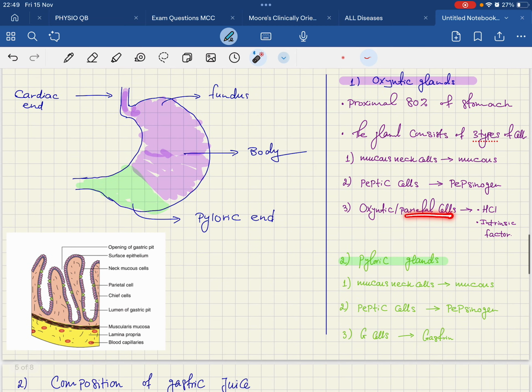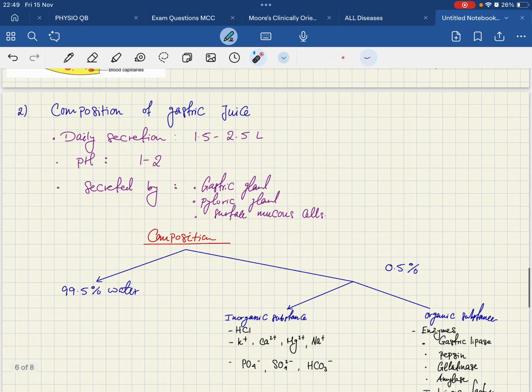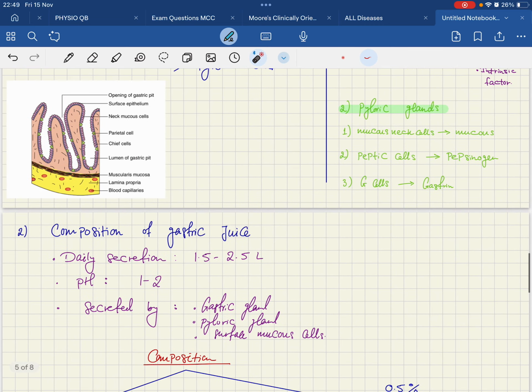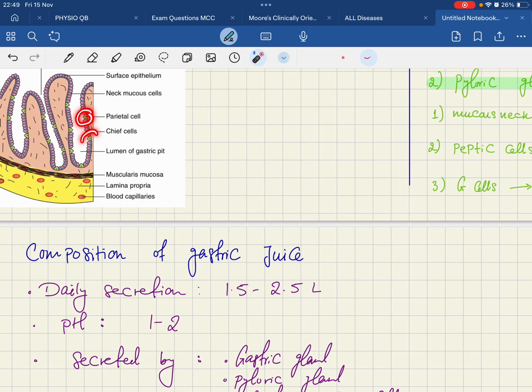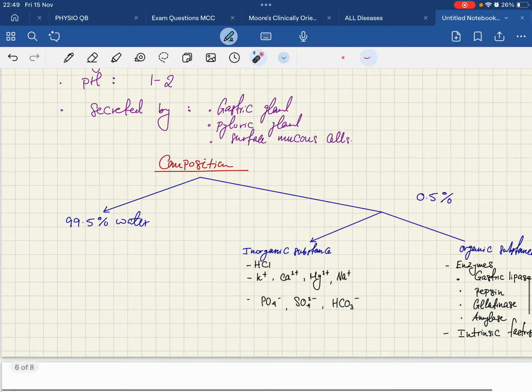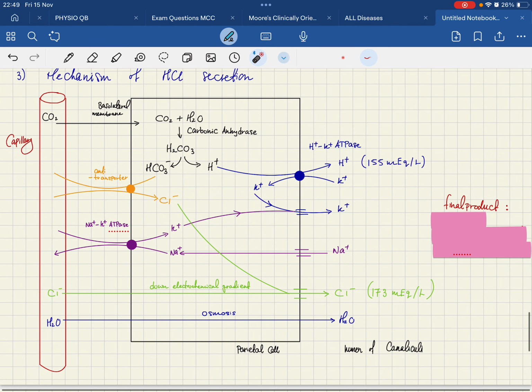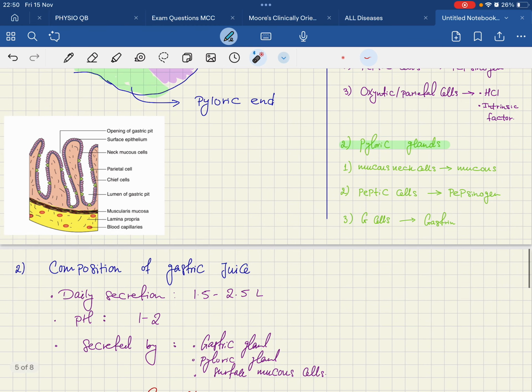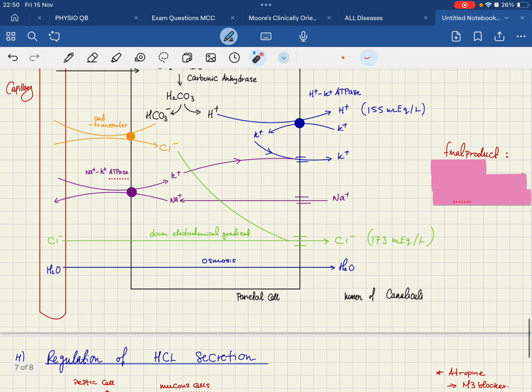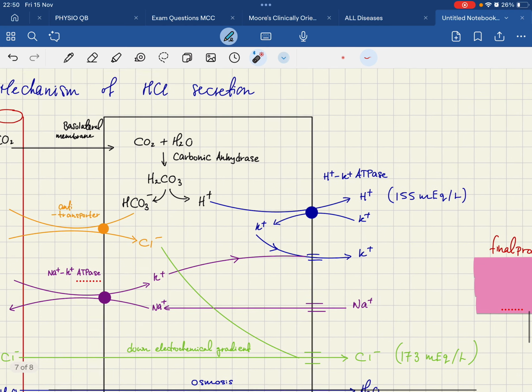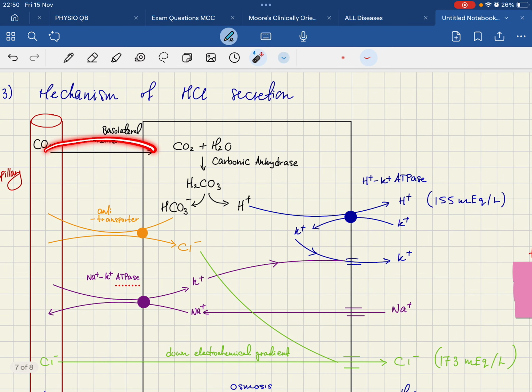Here the parietal cell or the oxyntic cell. And here they are in the histological diagram, as you can see. So in this parietal cell, what happens inside? Here you'll have the capillary, the parietal cell, and then the lumen of the canaliculi. First of all, you'll have transport of carbon dioxide into the parietal cell.